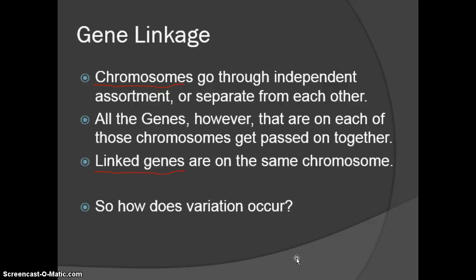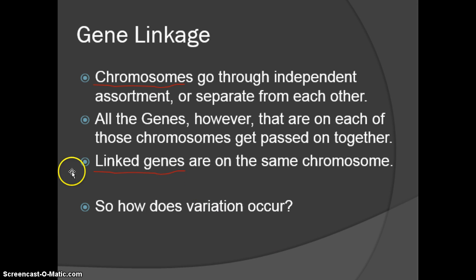So genes that are on each of those chromosomes often are going to get passed on together. What we call linked genes are genes that are on the same chromosome. So you might have one chromosome that has the genetic information for hair color and eye color and maybe skin color. Those are going to be linked if they're on the same chromosome.